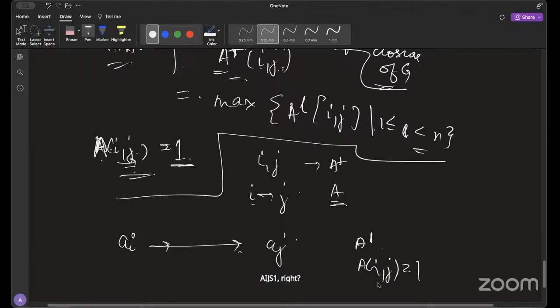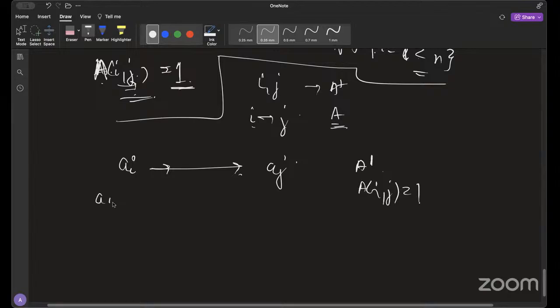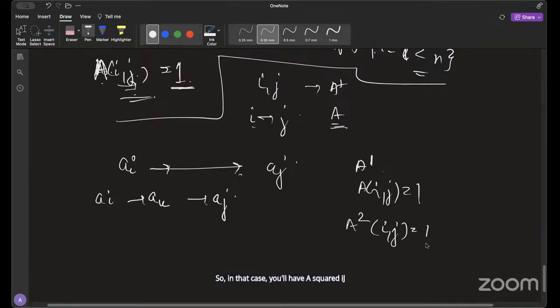Or you have a length 2 path, in that case you'll have A square IJ equals 1. Or you have this, in that case you'll have this as 1. Is this clear to everyone?